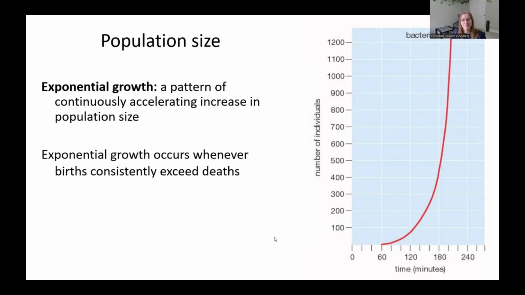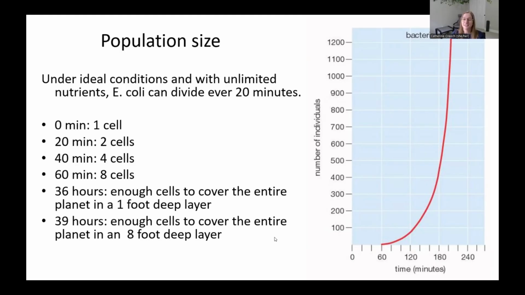Now, speaking of bacteria, under ideal conditions and unlimited resources, E. coli can do exponential growth by creating a new generation every 20 minutes. That means at 0 minutes, when you have a single cell, 20 minutes later, you'll have two, 40 minutes later, you'll have four, 60 minutes later, you'll have eight.